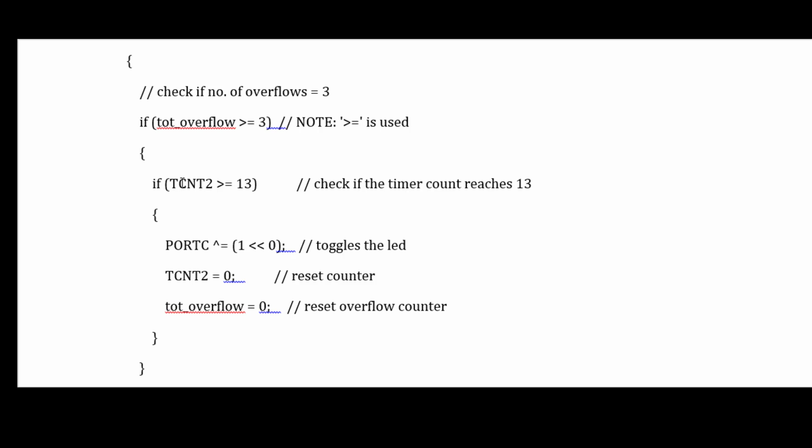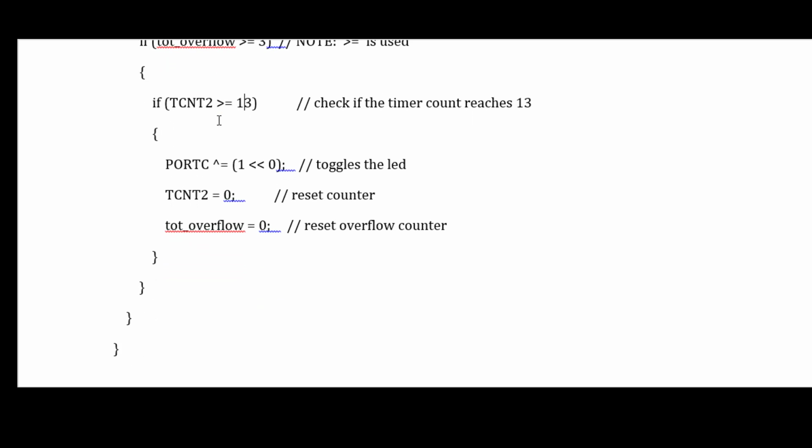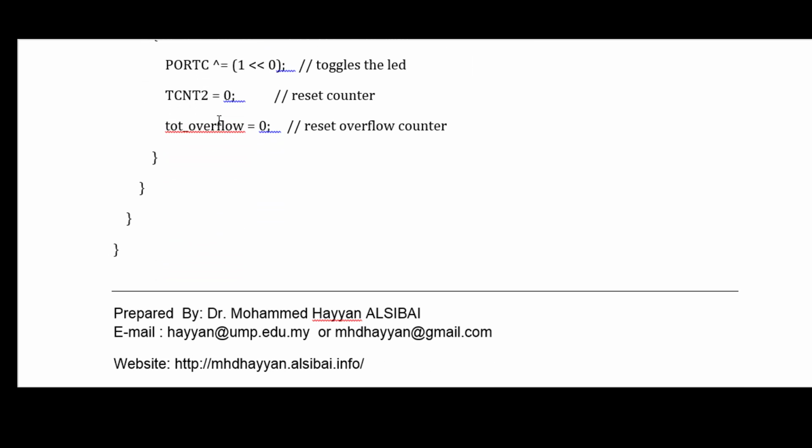Second condition, we wait until TCNT2 reaches 13. When it reaches 13, we toggle the LED, reset TCNT2, and reset the total overflow. So now we have two conditions. Condition 1 is counting to 13, but counting to 13 happens after counting 3 overflows. So this program will solve the problem.